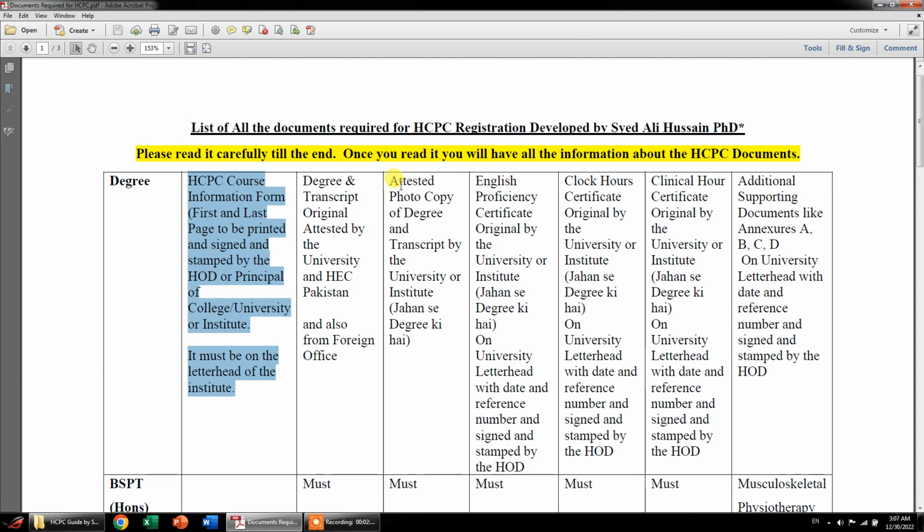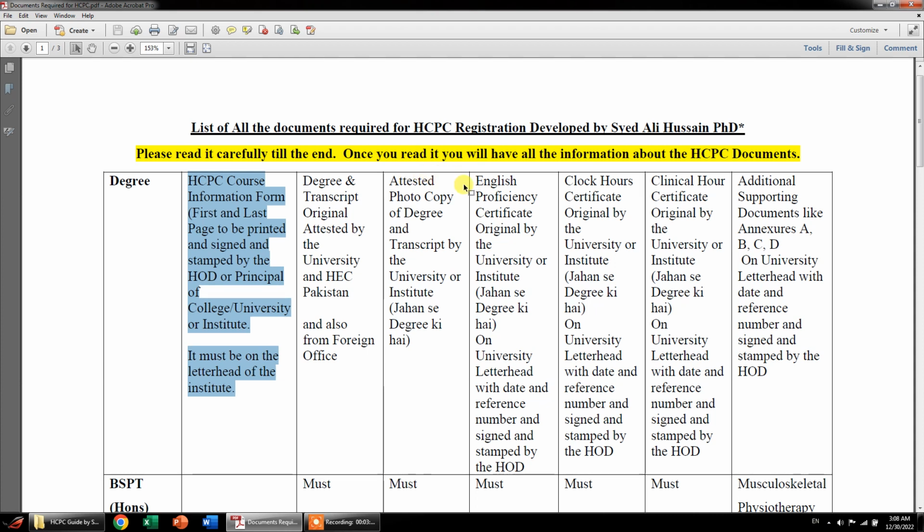But if you are using MS also, make another copy of the MS degree and transcript. You will make a photocopy and then get it attested from the same institute where you did your degree. The principal or the head of the department must sign and stamp that photocopy from the front side, the degree photocopy and the transcript photocopy.